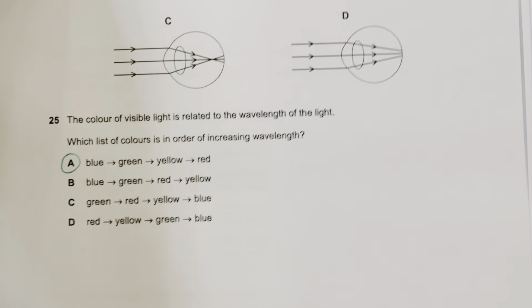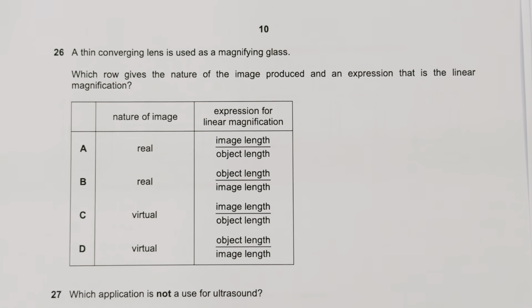Moving to question number 26. A thin converging lens is used as a magnifying glass. Which row gives the nature of the image produced and an expression for the linear magnification?